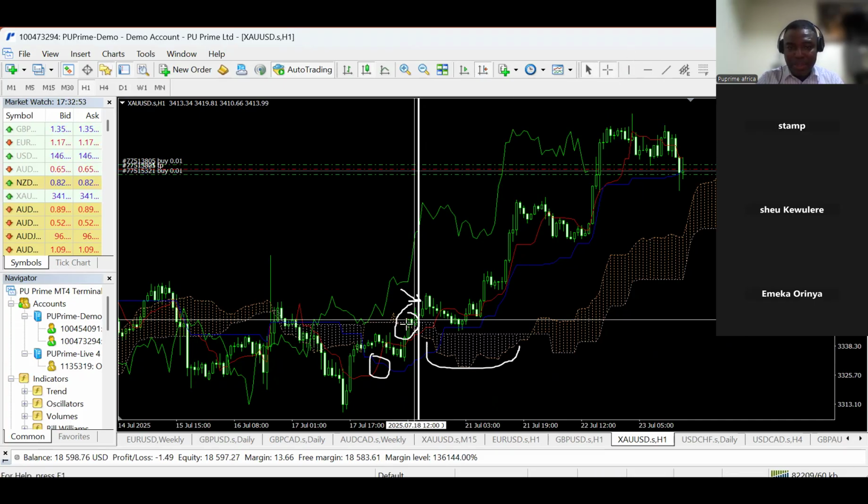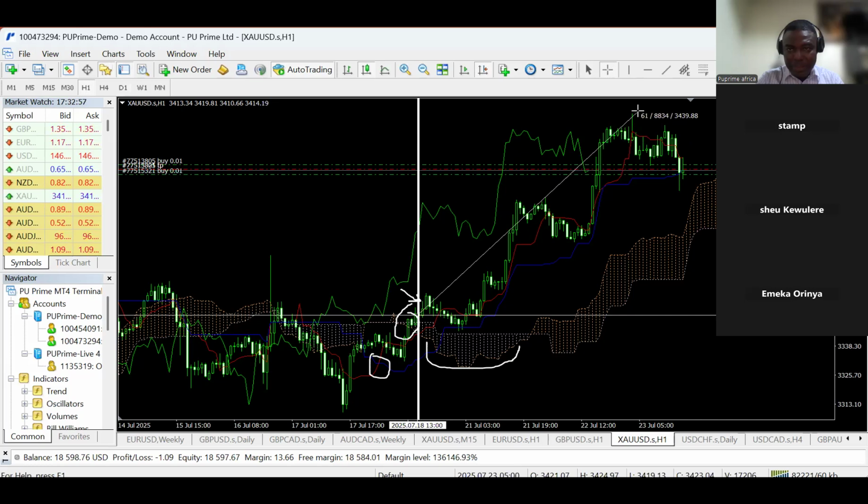Between then and now, gold has generated about 800 pips, 870 pips, using this Ichimoku Kinko Hyo. Three things it identifies for us: it identifies trend, it identifies support and resistance, and also momentum, which can also be called volatility. You can see it's just in line with what we have done this afternoon.